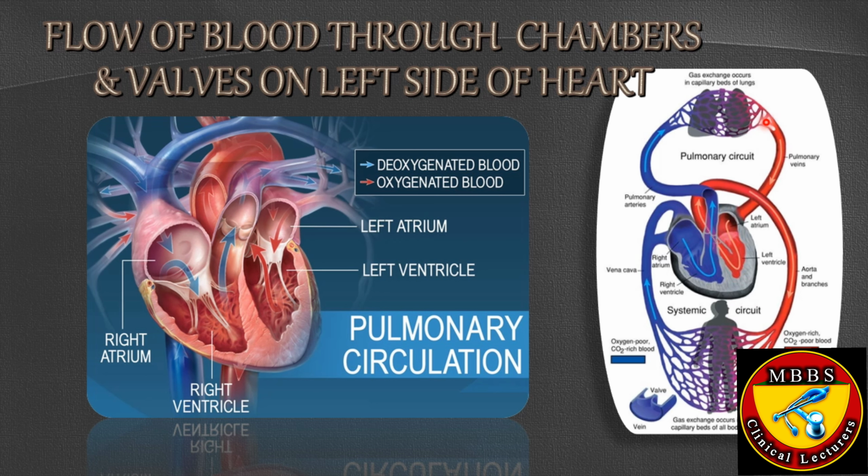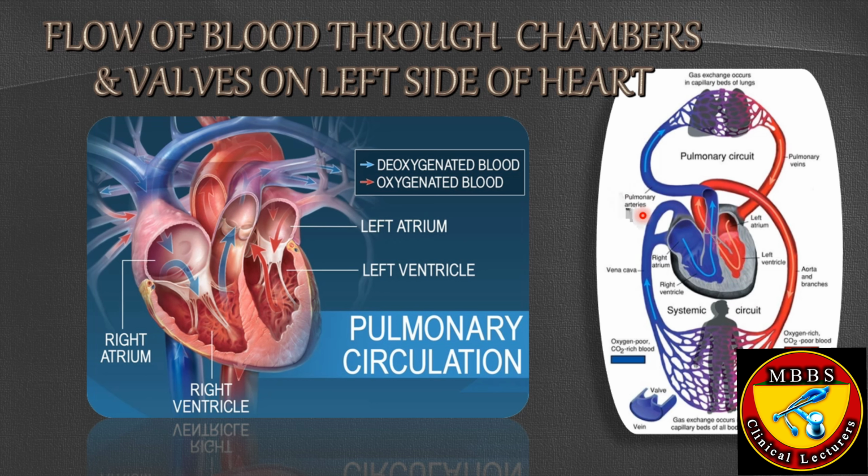This blood coming back to the heart is called the pulmonary veins, because throughout the body blood returns to the heart via veins and goes away from the heart via arteries, right? Going away from the heart is the artery, coming back to the heart is the vein.